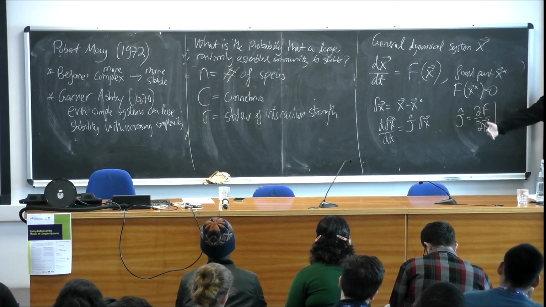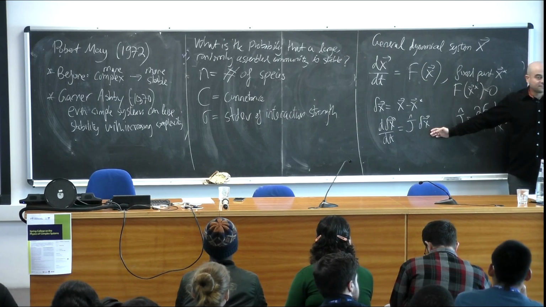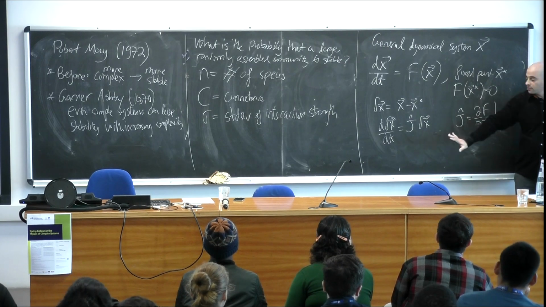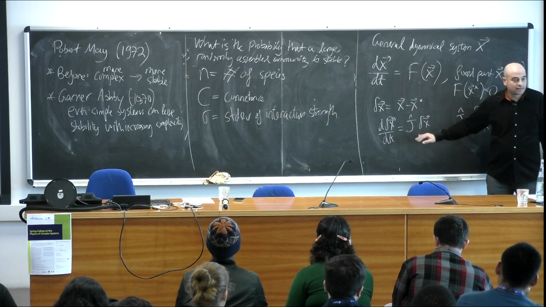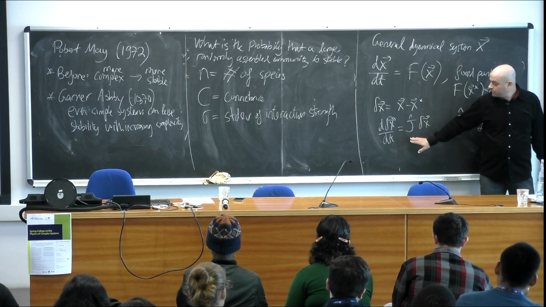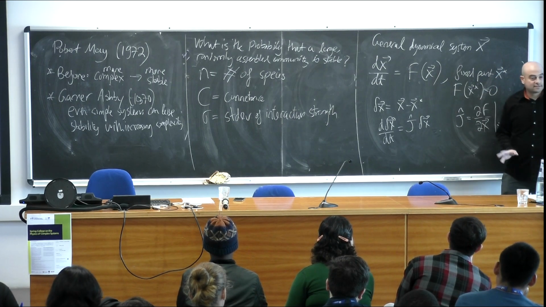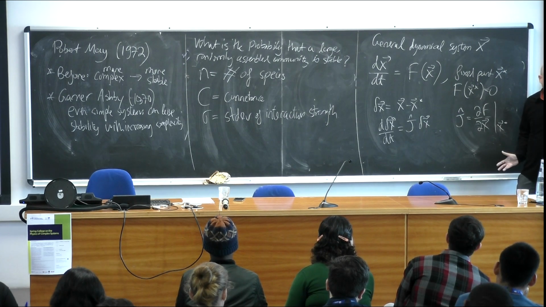The first order Taylor expansion of the dynamics. Right, so now we have this Jacobian matrix, and this is where we're going to have a lot of fun with random matrix theory. So before I do that, any questions about this?